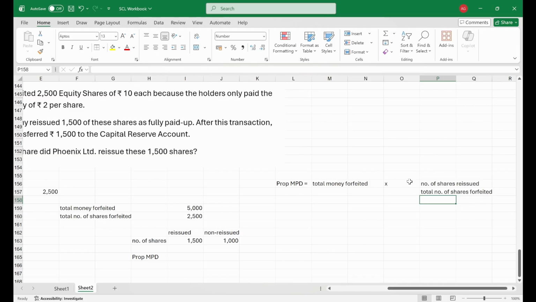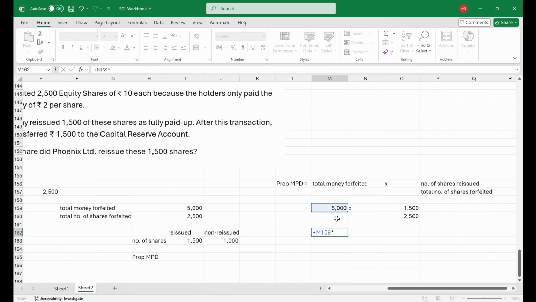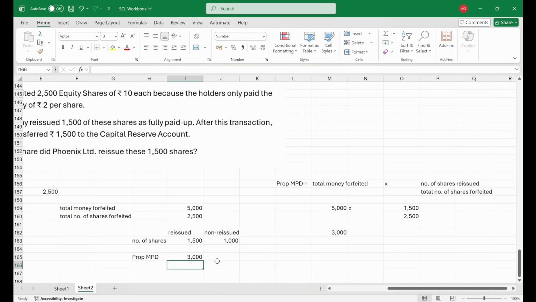Therefore, just substitute this. 5,000 multiplied by number of shares reissued, 1,500, divided by number of shares forfeited, 2,500. So 5,000 multiplied by 1,500 divided by 2,500. The answer is 3,000. What is the logic behind this?